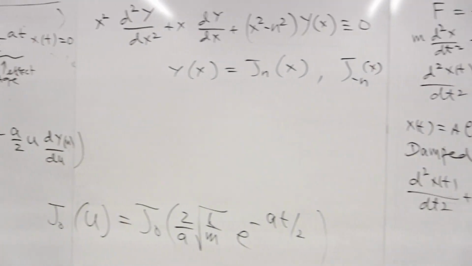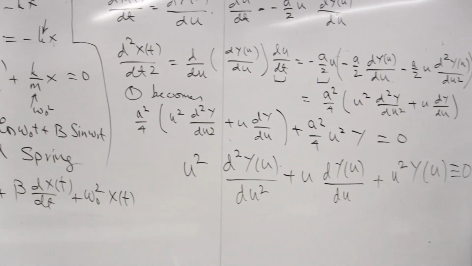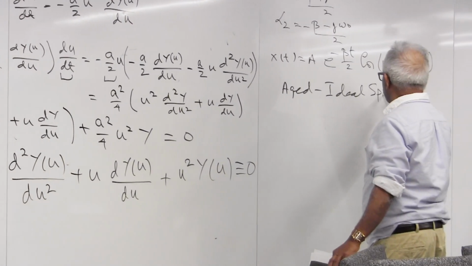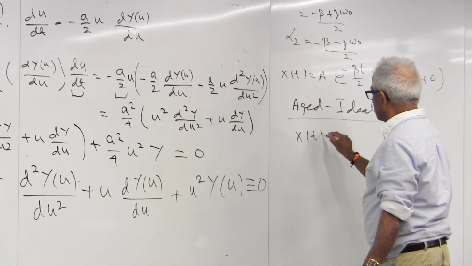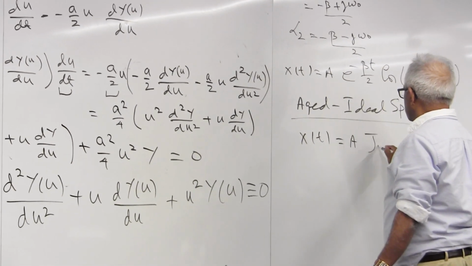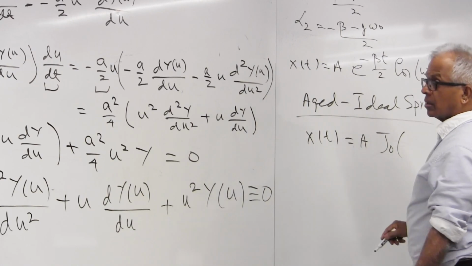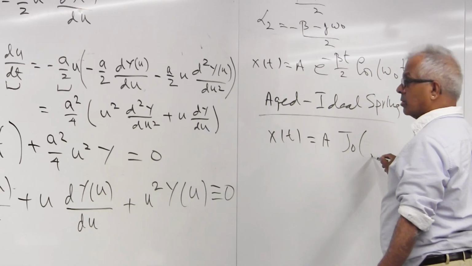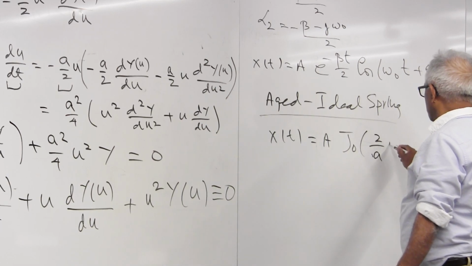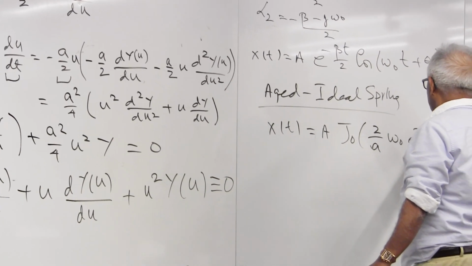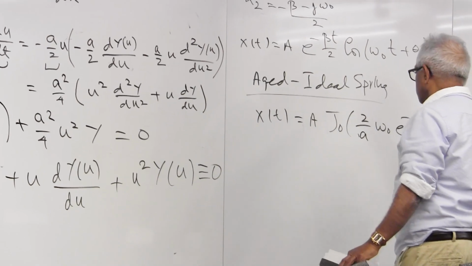For the aged ideal spring, the solution is x of t equals a constant times J naught of 2 over a, times the other constants, omega 0 e raised to minus at by 2.